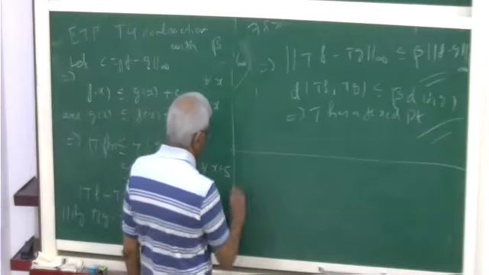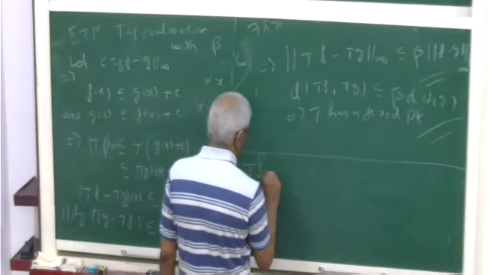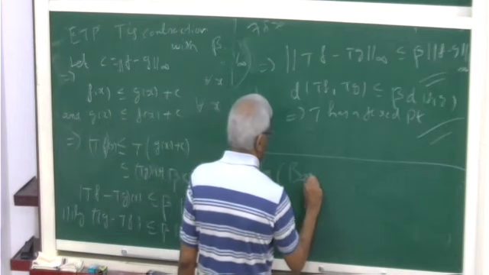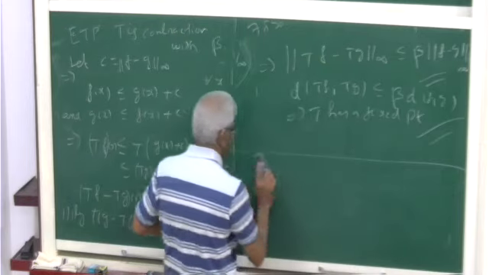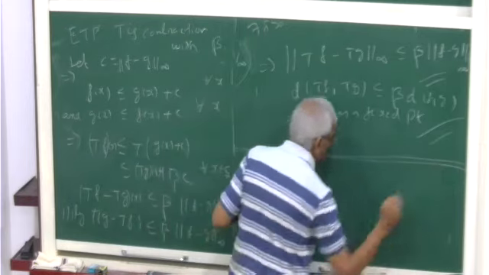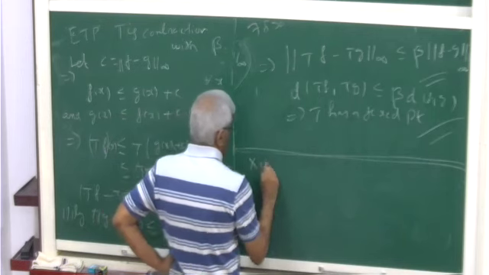I will just write the theorem, Baire. No, before that, I have to make a definition. So X is a metric space.